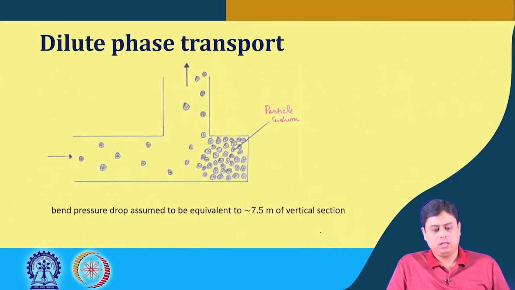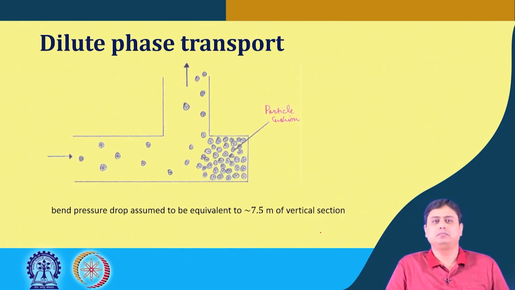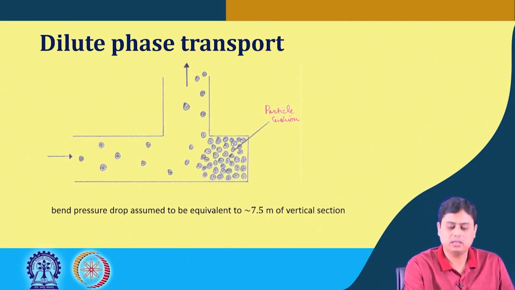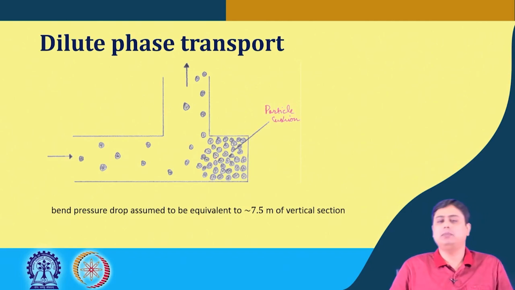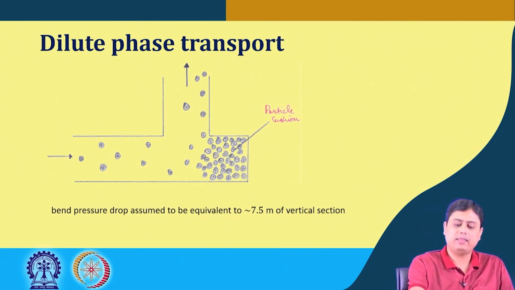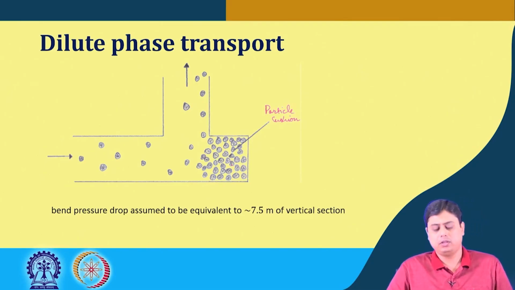For example, this is an example of a blinded tee in place of just an elbow. Here, the effect of cushioning is imparted to the oncoming solid particles. Some solid particles are gathered in this blinded, dead-end section, so a particle cushioning effect happens.